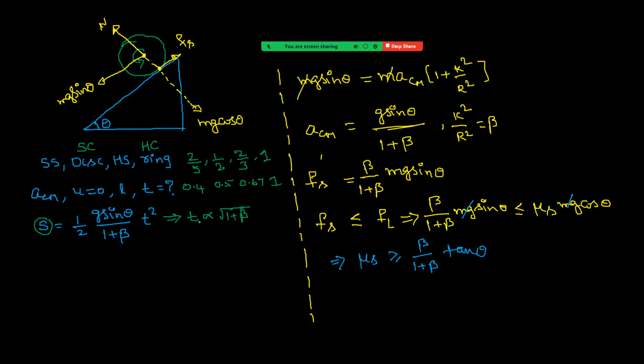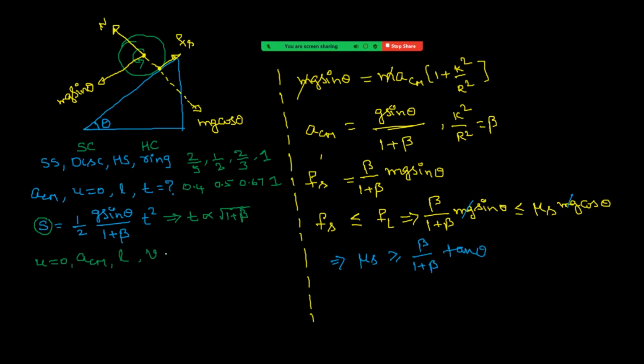For example, they ask which is reaching the bottom of the incline with more speed. Then see where the change comes. u is 0, acceleration is known, and displacement is the same for all.